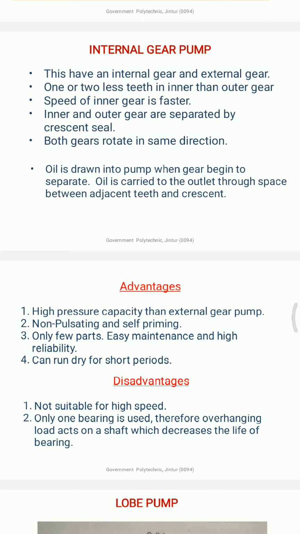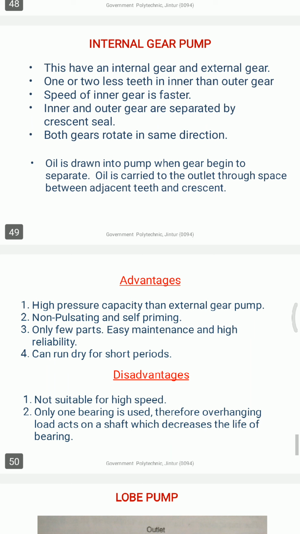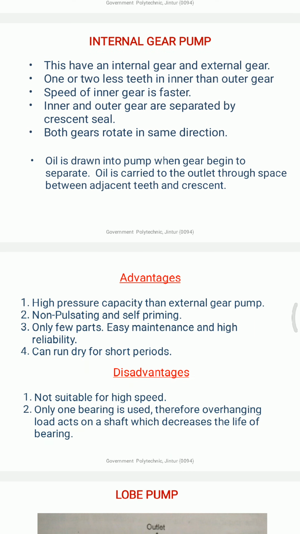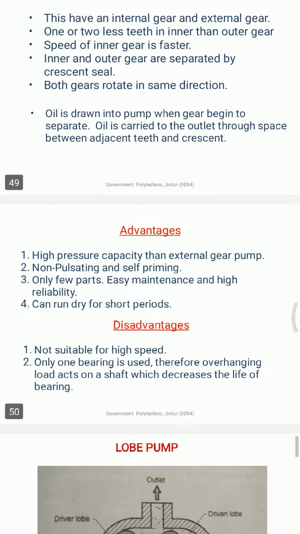Only one bearing is used, therefore an overhanging load acts on the shaft, which decreases the life of the bearing. The gear is non-symmetrical, so because of the non-symmetry there is an increase in friction, and this friction decreases the life of the bearing. This is the disadvantage of an internal gear pump.